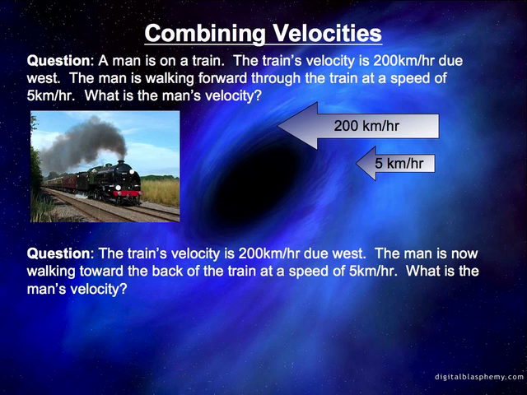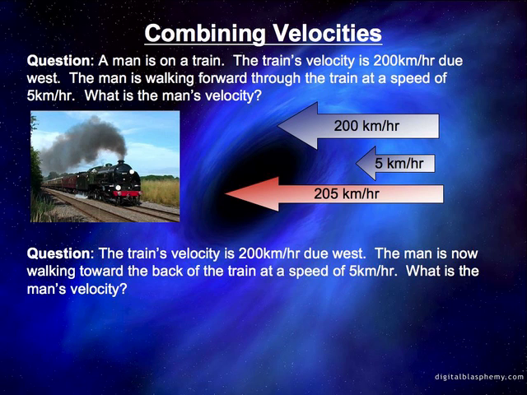He's walking as well as moving in the train. The total is 205 kilometers west. How do you know? He's walking in the same direction. We'll get there in a second. So if the train's traveling due west, 200 kilometers, but now the man is walking towards the back of the train at 5 kilometers per hour, what is his total velocity, Michaela? 195 kilometers. We need one more thing because this is a velocity.